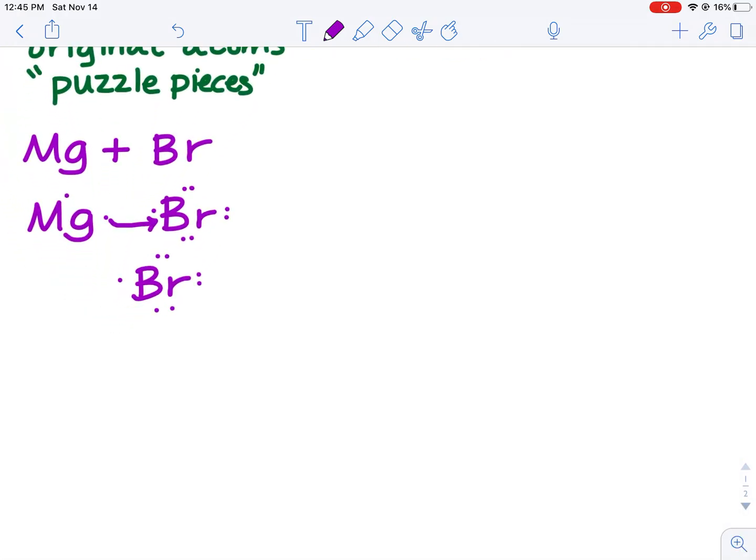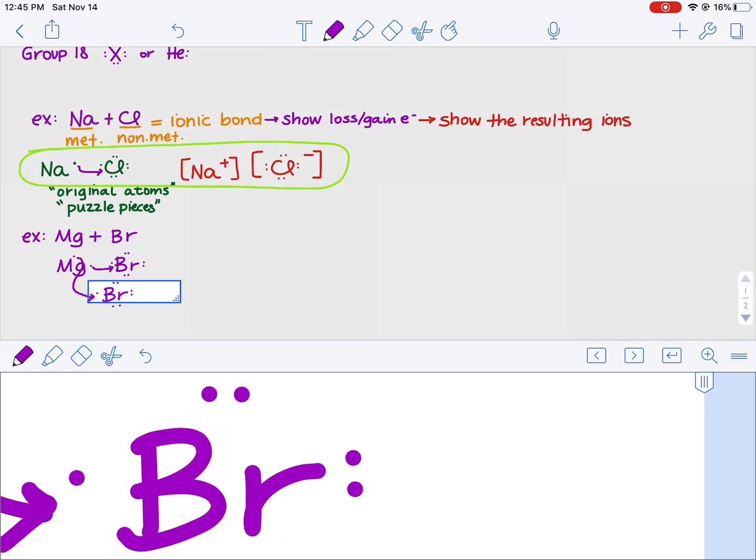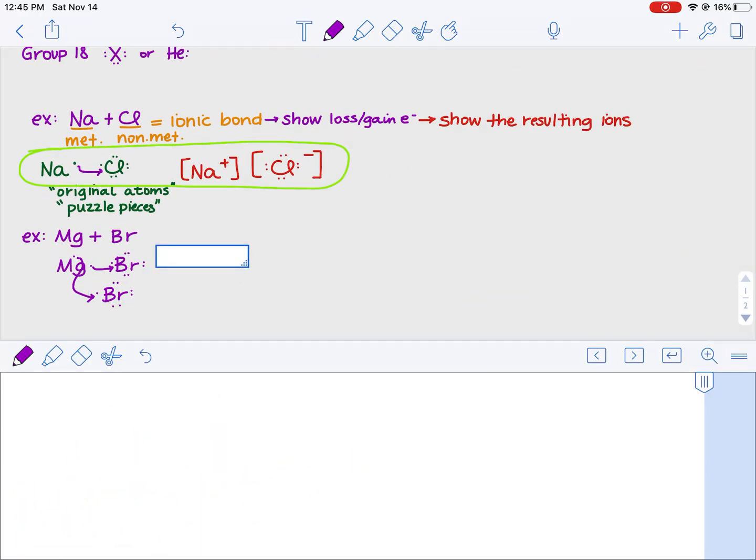So I have to add another bromine atom. By doing so, I'm now able to show that that second valence electron of magnesium can now be gained by that second bromine atom we just added. Now, the magnesium atom is satisfied, it's stable, it has lost both of its valence electrons, and that second bromine atom is stable. It has gained 1 electron to have a full shell.